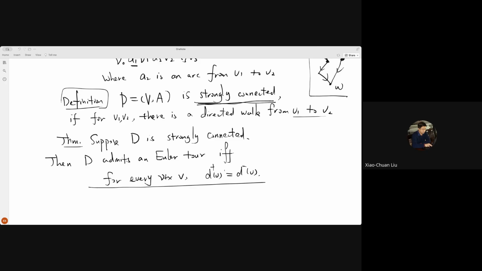You can also imagine how to modify the proof of the theorem to obtain a proof of this theorem. So I leave this as an exercise for you too. So we have 2 exercises, basically the same thing, but you have to manipulate with all these definitions.